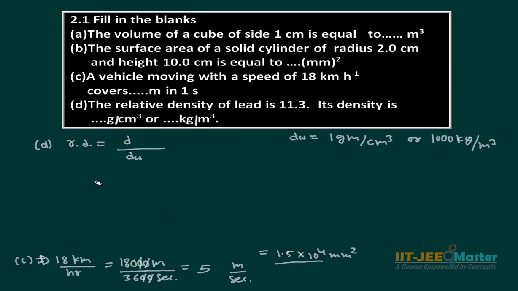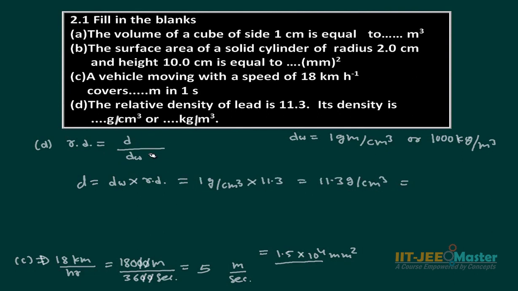So the density of the material will be given as density of water into relative density. It gives, as density of water is 1 gram per centimeter cube, into relative density 11.3. So it will be 11.3 gram per centimeter cube.